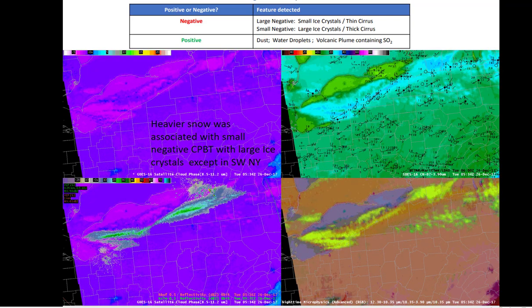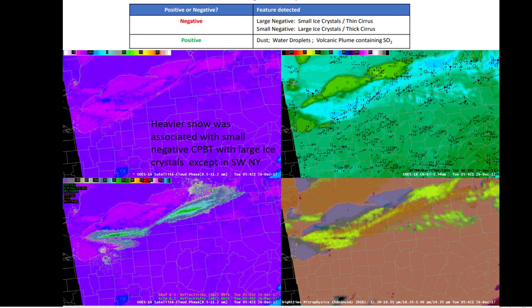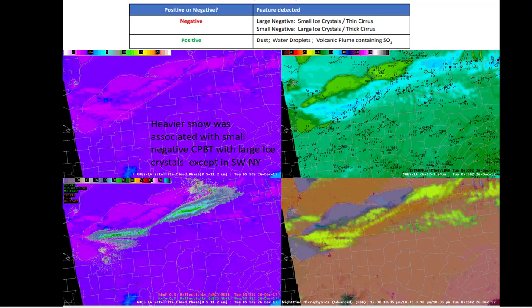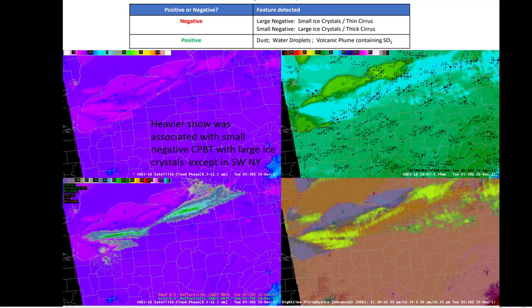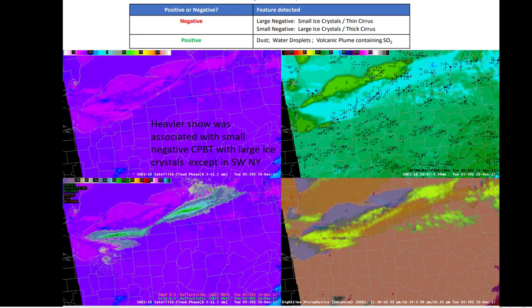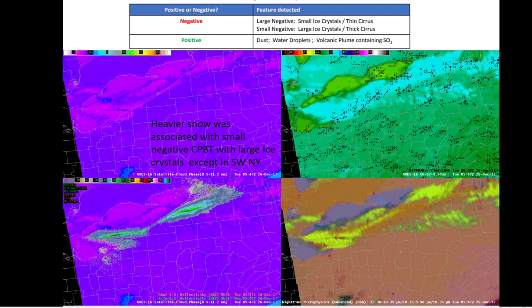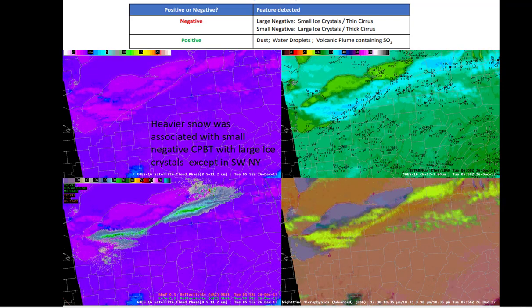And we're just trying to put all these products together to understand the significance of the cloud top properties in relation to the snowfall and to the radar reflectivity. And it's still kind of a challenge.